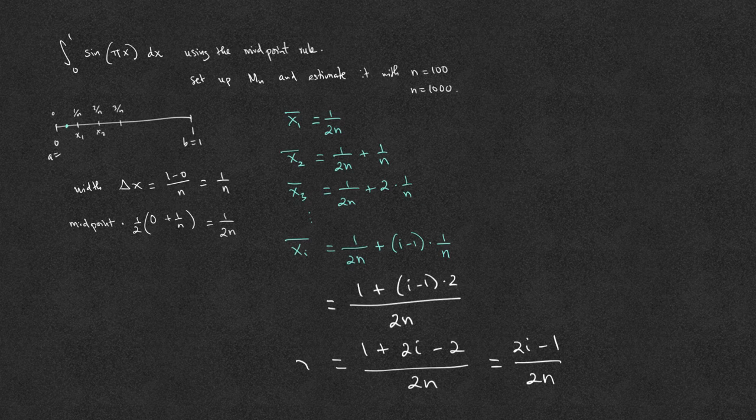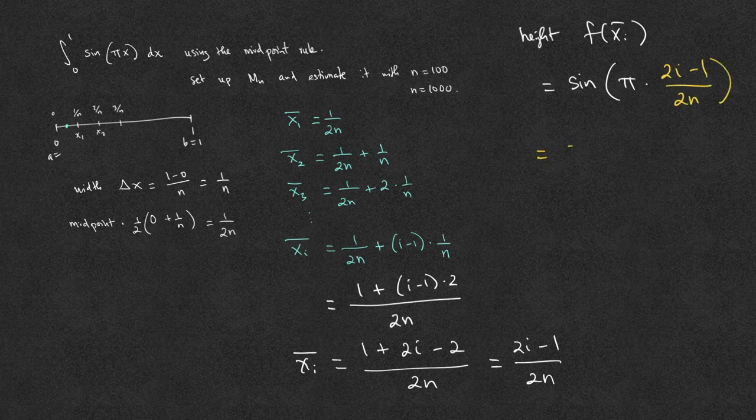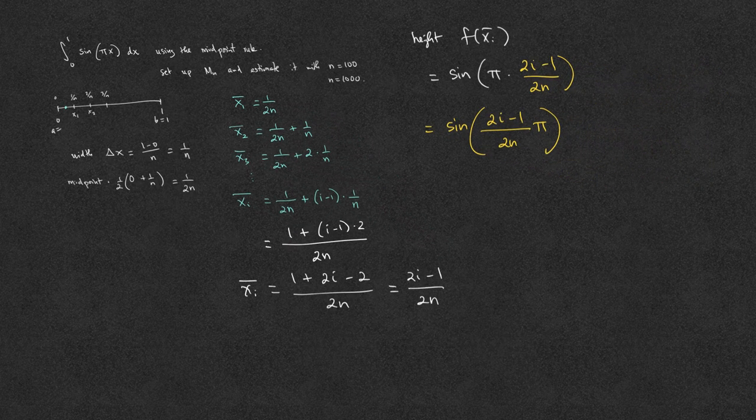But this is only x sub i bar. The corresponding height is f of x sub i bar, which is sine of pi times x sub i bar. x sub i bar is (2i minus 1) over 2n. This is sine of ((2i minus 1) over 2n) times pi.